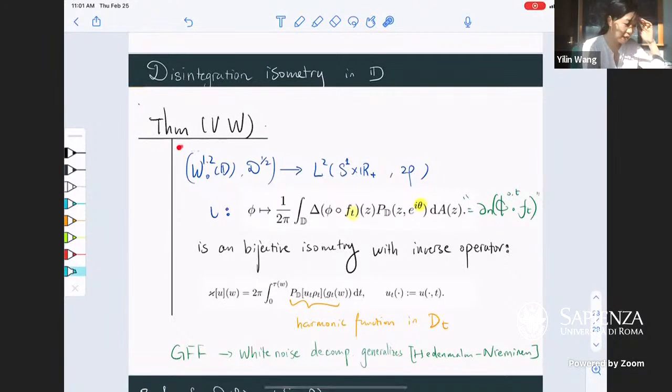By the way, this is a very nice result that I liked a lot also: this peeling of the Dirichlet function into a function into L2 has an inverse operator. You can actually reconstruct this Dirichlet function by integrating a family of harmonic functions inside dt.